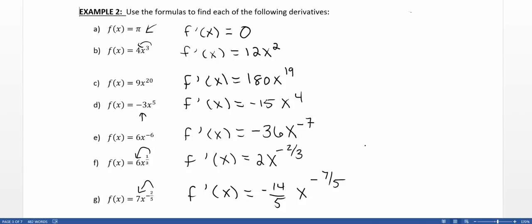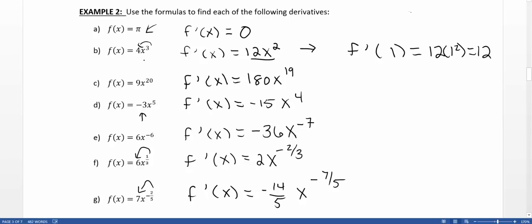What this is doing for us is it's giving us a function, that is the derivative function, where we can plug in any number we want to get the slope of the tangent line to the original function at that point. So for example, if I go back to part B, if I were to find f prime of 1, and I were to plug a 1 into the derivative, I would get 12 times 1 squared, which is 12.